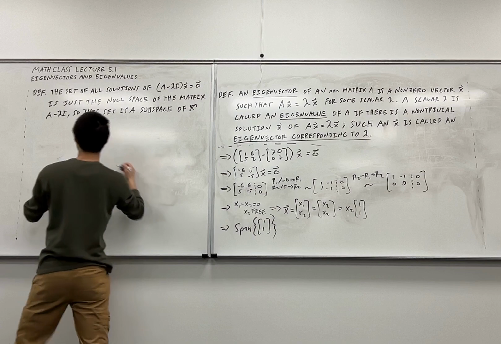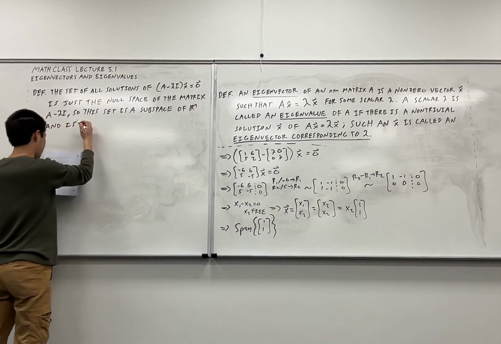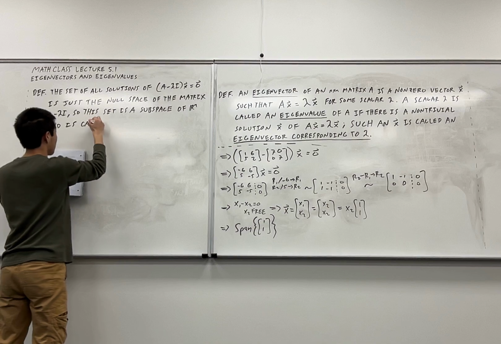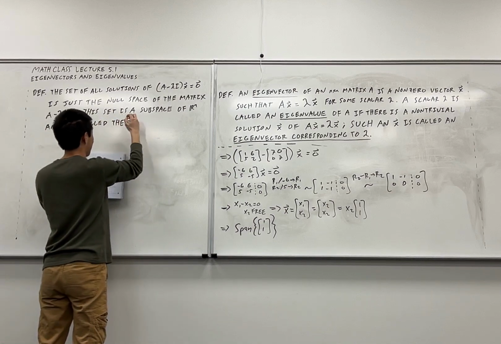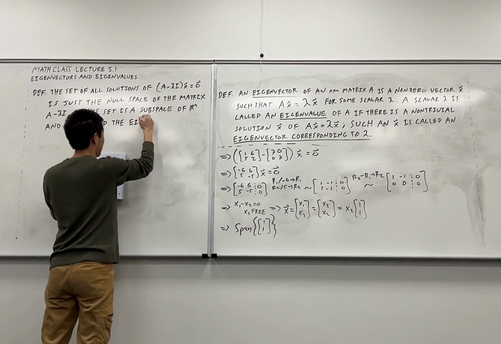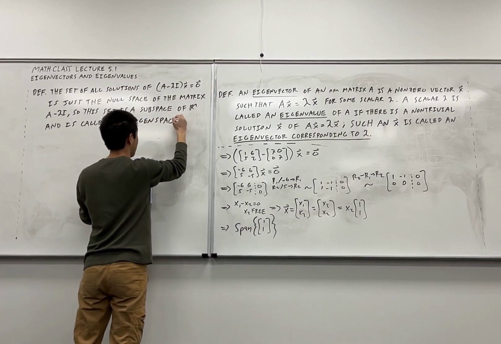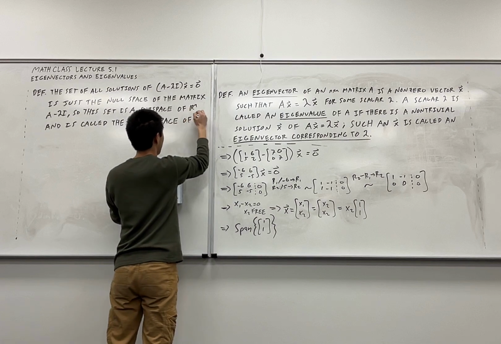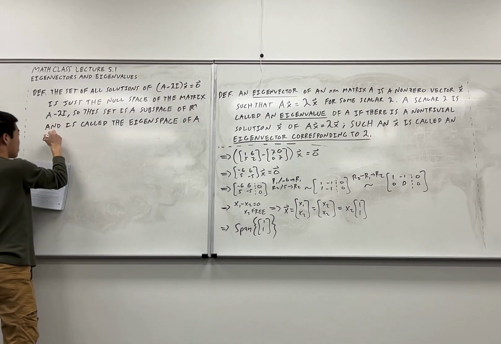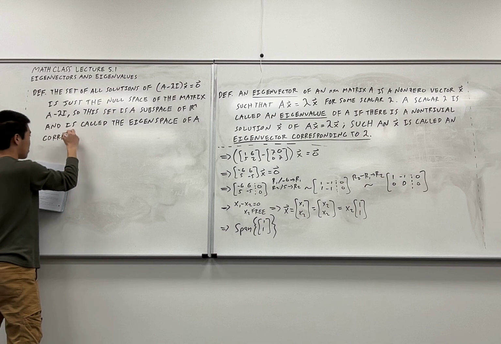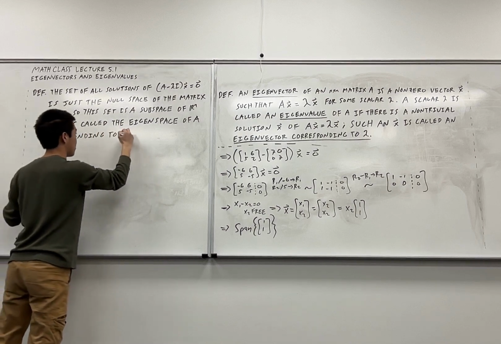And we give it a special name, and it is called the eigenspace of A corresponding to lambda.